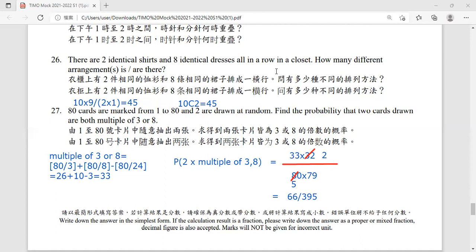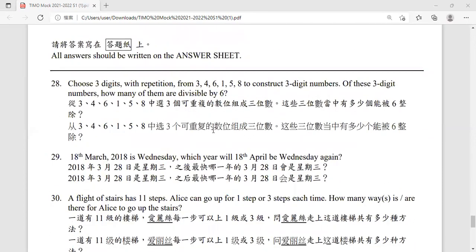Okay, then 28. Actually, not too difficult because you just count all the numbers.